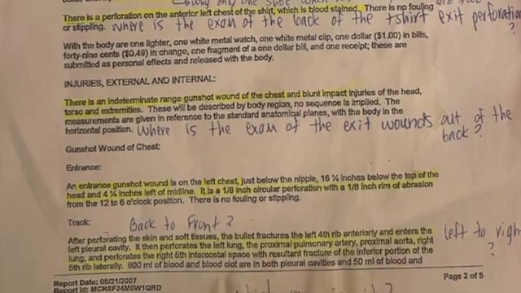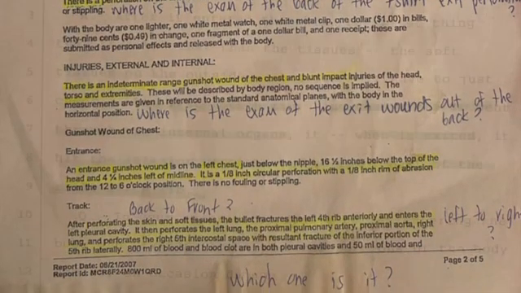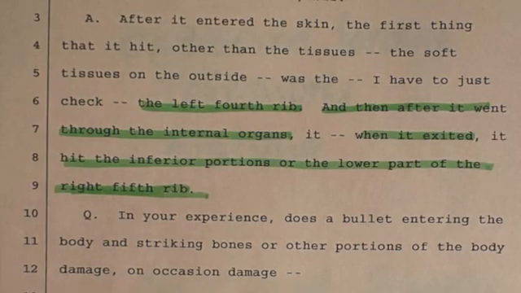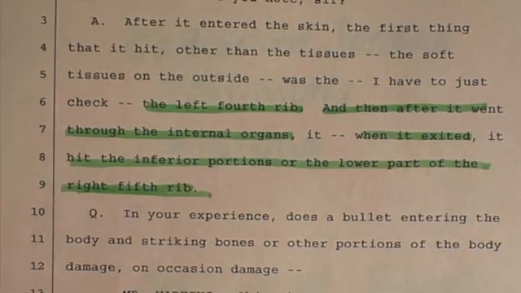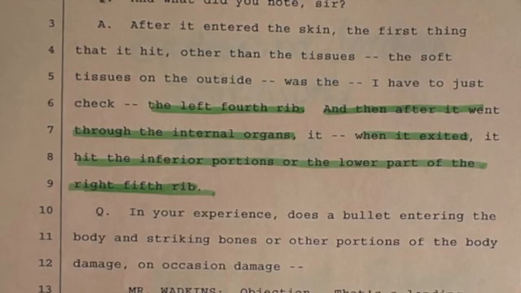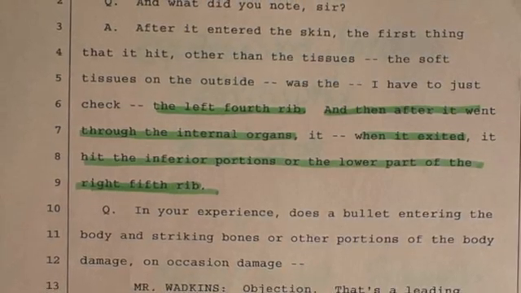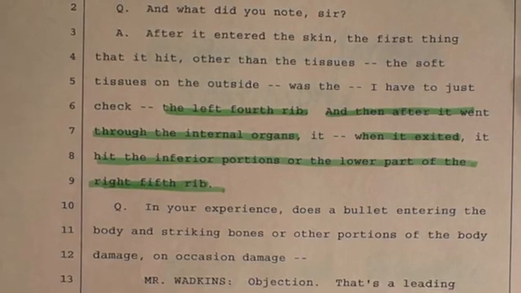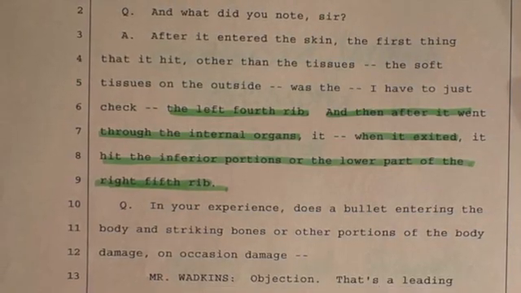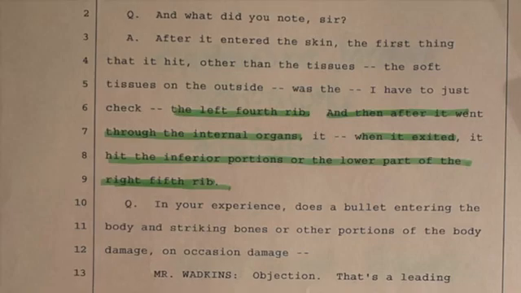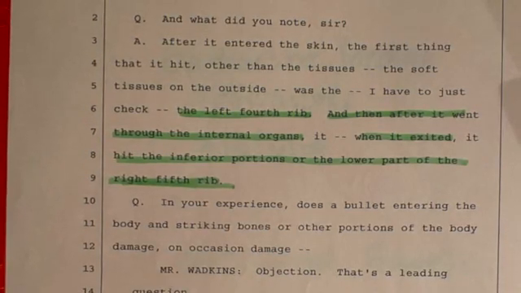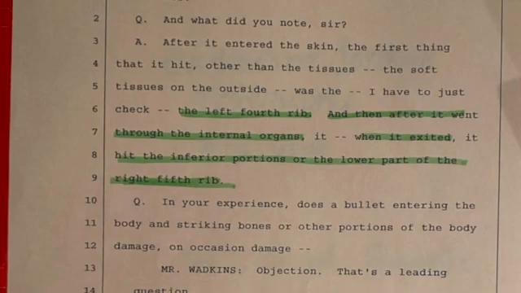In court testimony, Dr. Eisenstat stated, "After it entered the skin, the first thing that it hit, other than the tissues, the soft tissues on the outside, was the left fourth rib. And then after it went through the internal organs, when it exited, it hit the inferior portions or the lower part of the right fifth rib." So again, it appears as though he has discredited his own findings with his own findings and testimony.